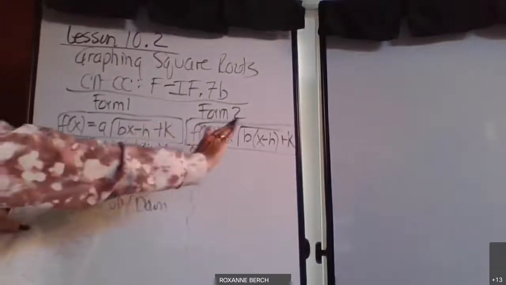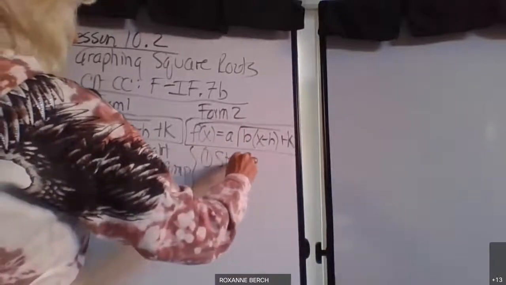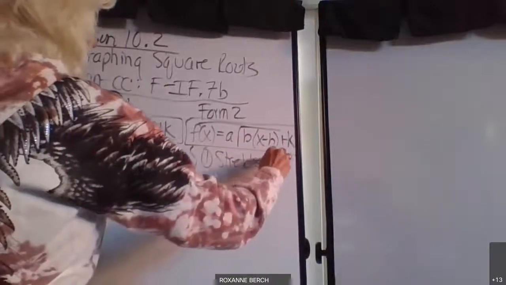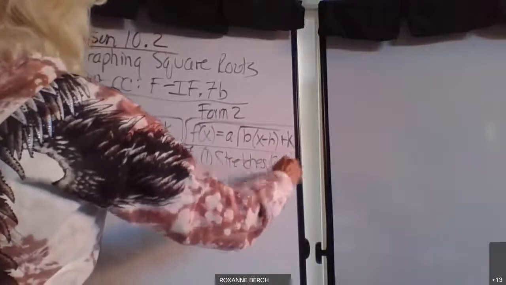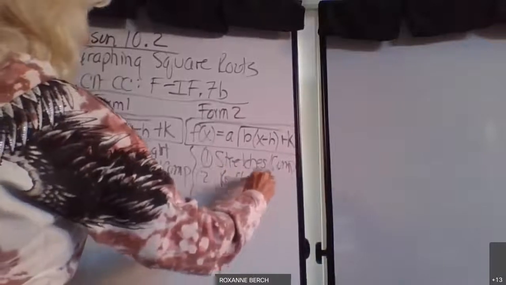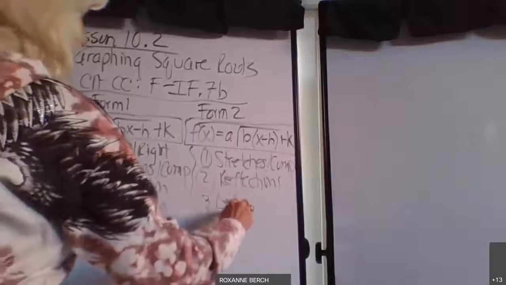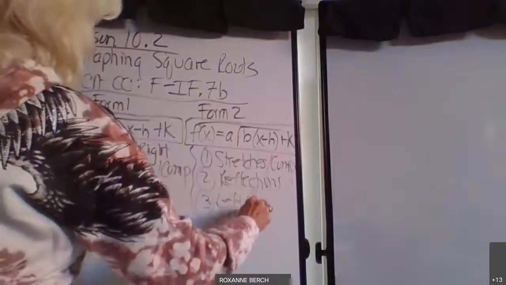When you have the second form, the order is your stretches and compressions first, then your reflections. And then this is where your left-right comes into play, and the up-down is always last.